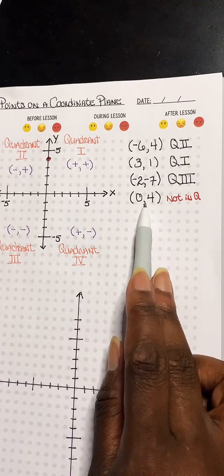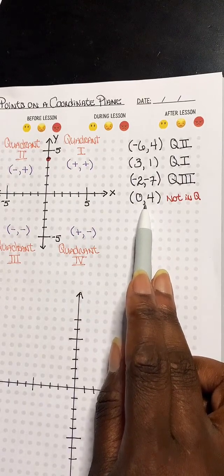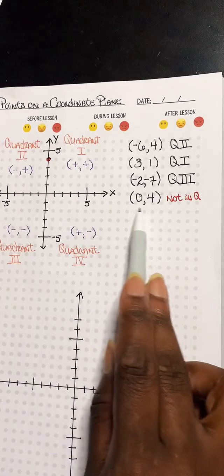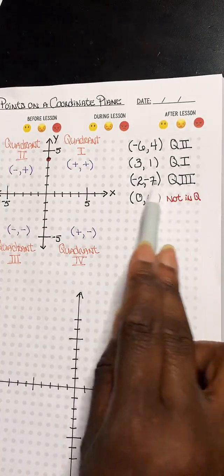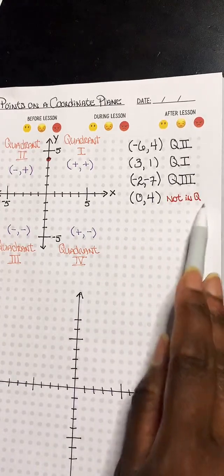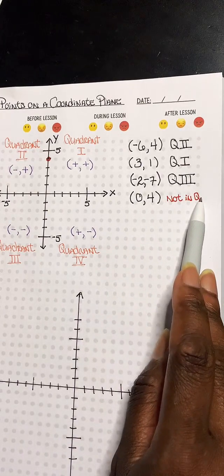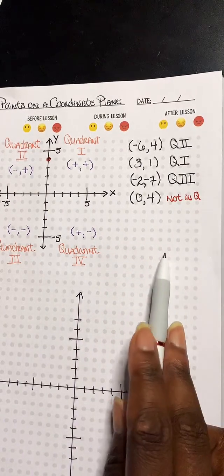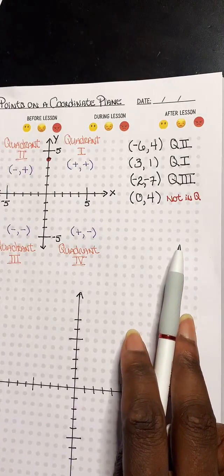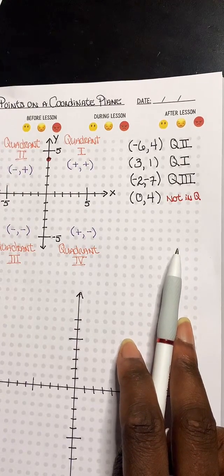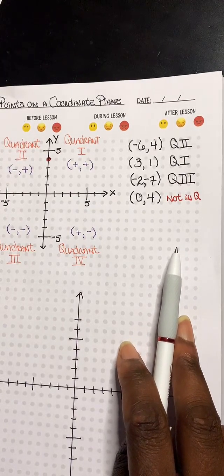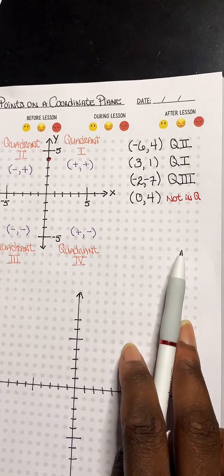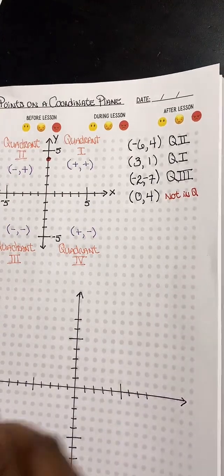This is considered like a 2 to maybe a 3-point question. Especially this right here. If they say, oh, is 0, 4 in what quadrant? It's not inside of a quadrant. Okay? We want to get as many common good points as much as possible. All right? Got it? Awesome.